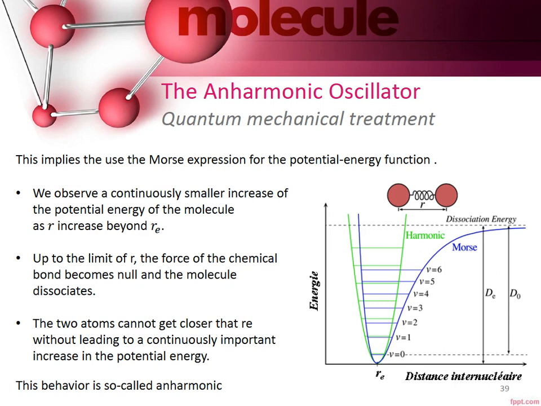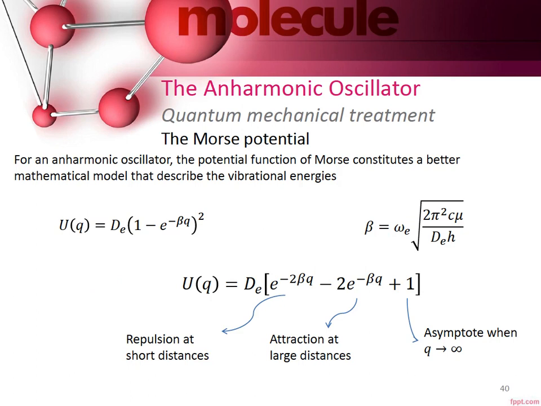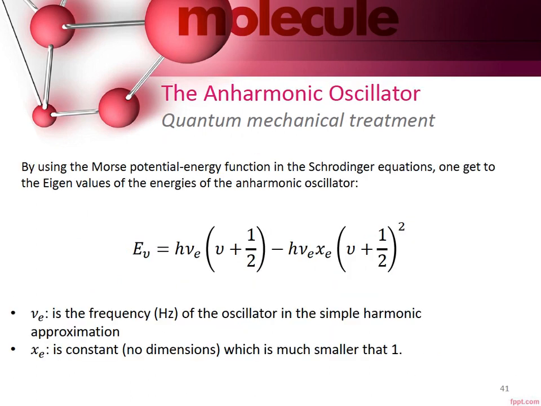In this way, we will be able to see different lines on the spectrum, and they will not all overlap or coincide on one single line on the spectrum, as was the case for the harmonic oscillator. Let's see if this gets a bit more clear.